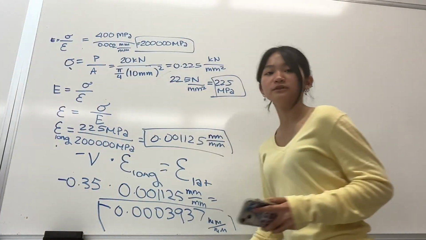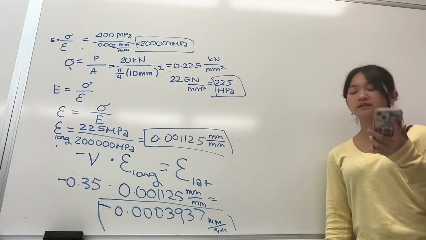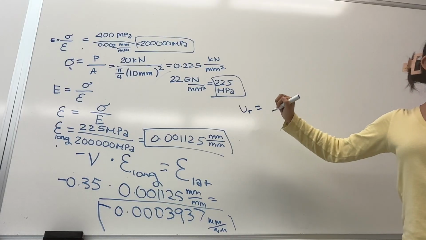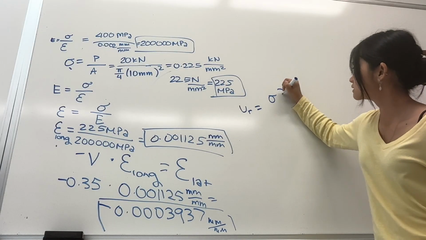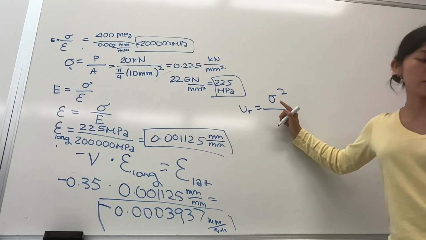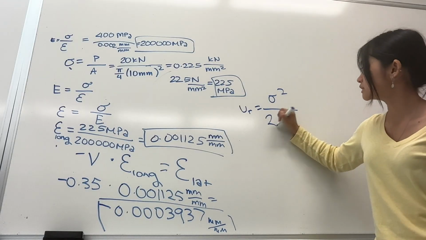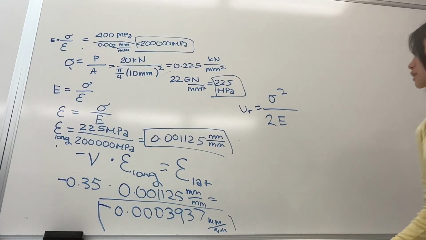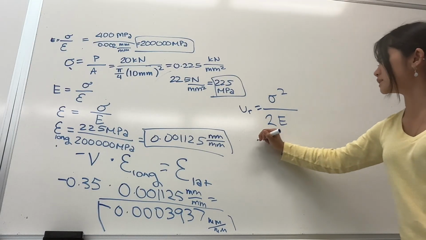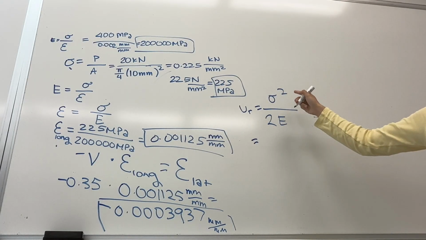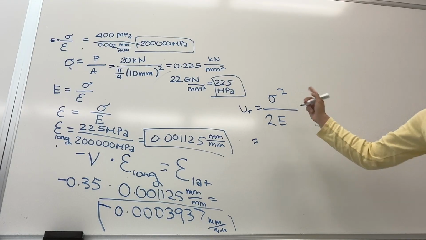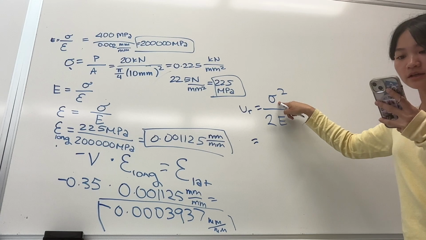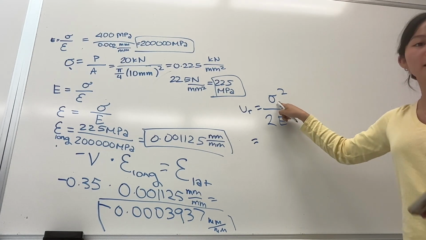Modulus of resistance equals stress squared over 2 times our modulus of elasticity. So we can just plug everything in. Sorry, hold on. This is supposed to be our yield stress, I apologize.